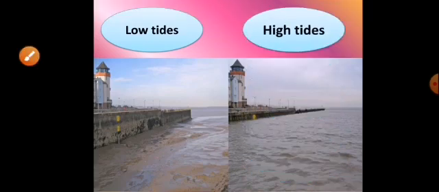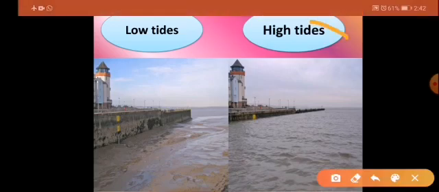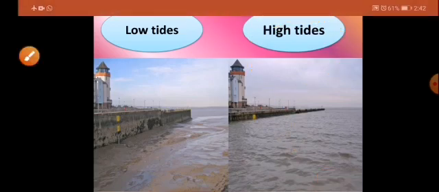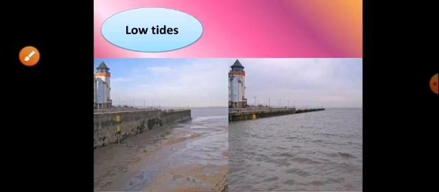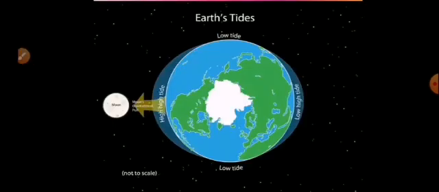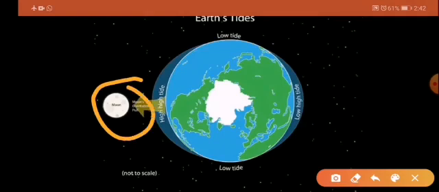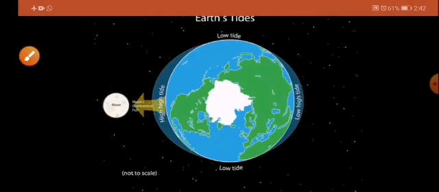Very well. And what causes the high tides, or the changes in the height of the ocean water? Very well. When the moon is above the ocean, it will make changes in the height of the ocean water, and also on the opposite side. Very well.